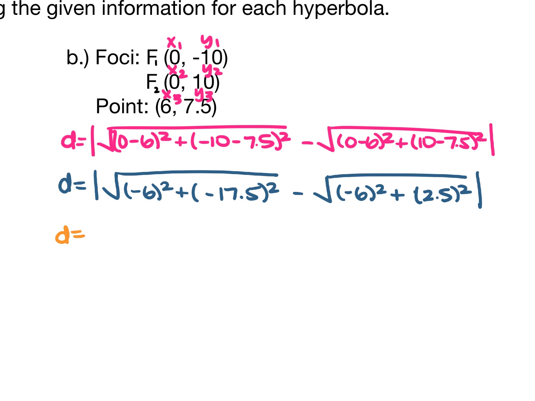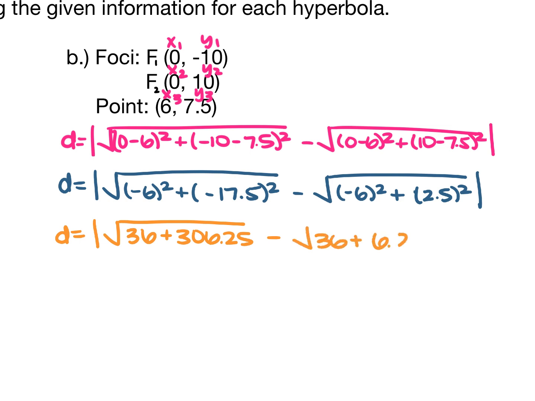So again, keep simplifying this. We're going to have the absolute value of the square root of 36 plus 306.25, minus the square root of 36 plus 6.25.